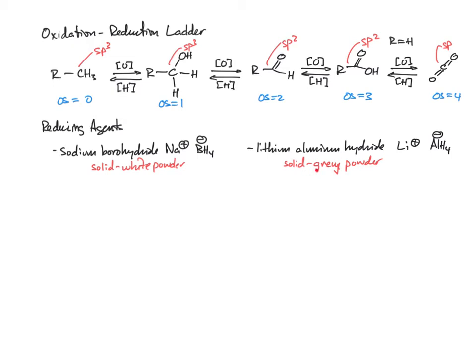Lithium aluminum hydride is usually supplied in a very fine powder, so when you're weighing it out, you see it sort of aerosolizes in a sense. This is more of a granular powder. So there's two reducing agents.